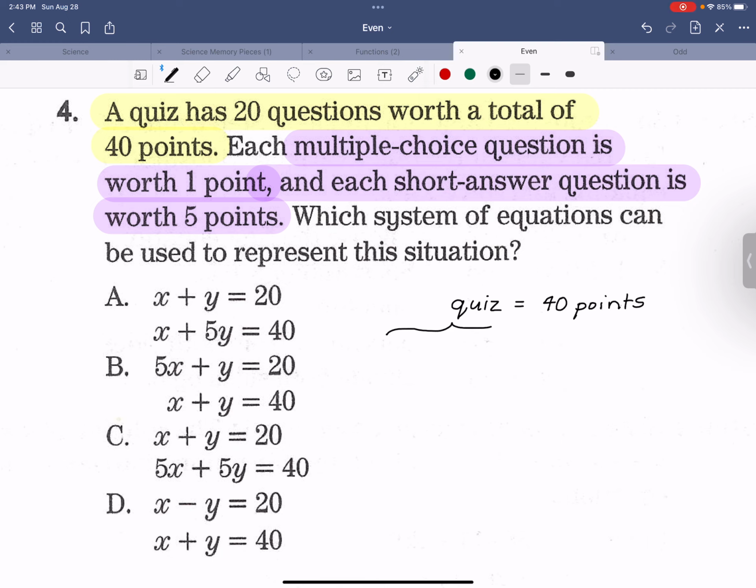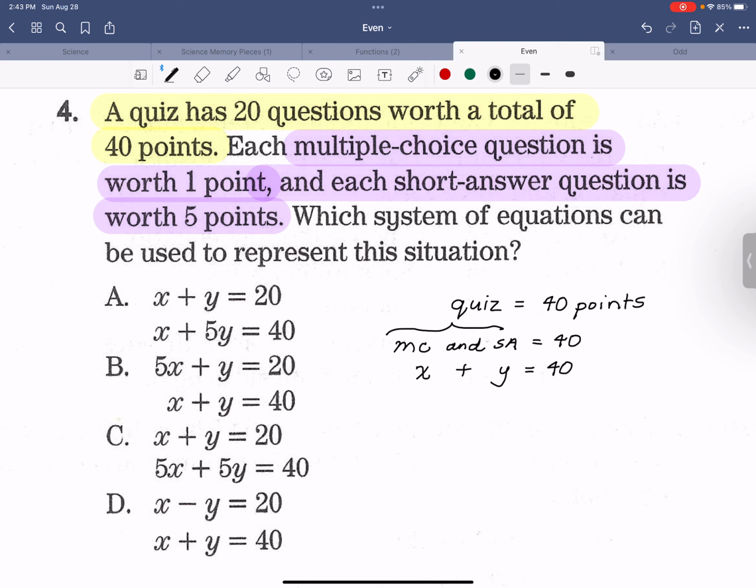No. The quiz is multiple choice and short answer. And together, those equal 40. So I'm going to let the multiple choices be the x's and the short answer be the y's, and those are going to get combined to be the 40.